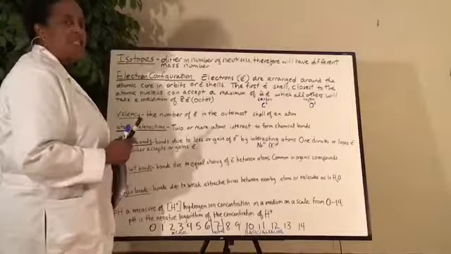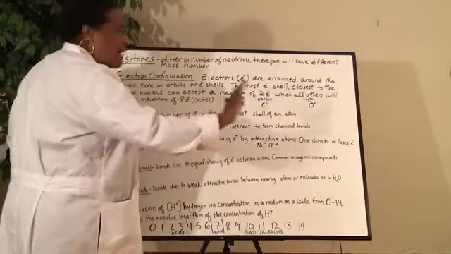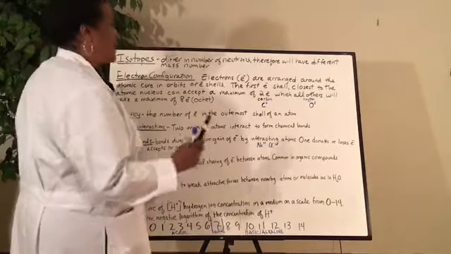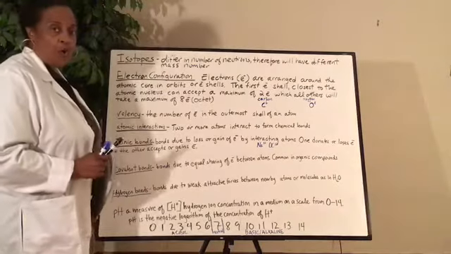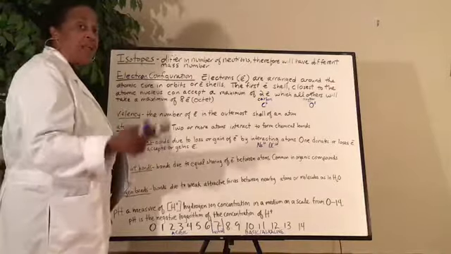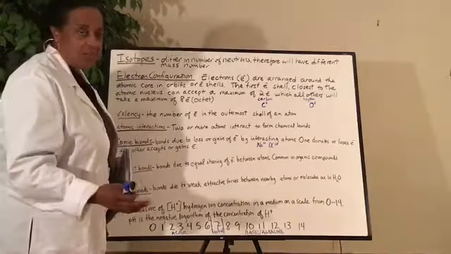Electron configuration, these are electrons, that's the E with a little line over to the right of the E. Electrons are arranged around the atomic core. Remember, that's the nucleus. Electrons are arranged around that nucleus, and they're in orbits, or something we call shells.